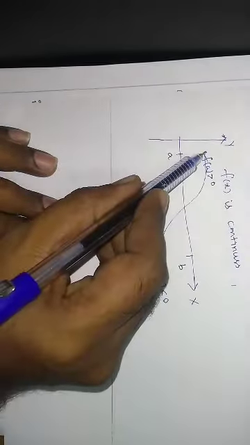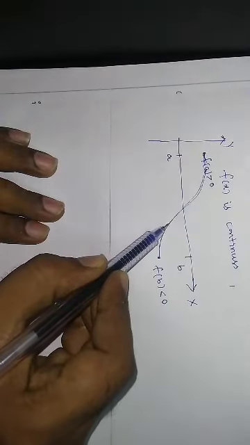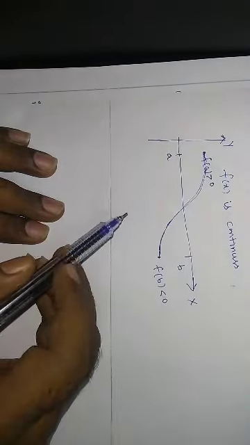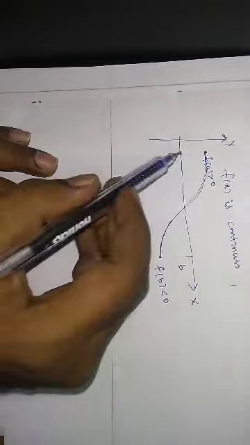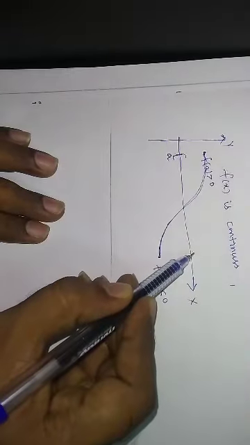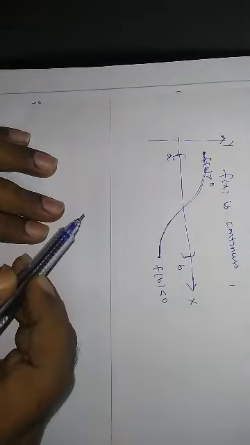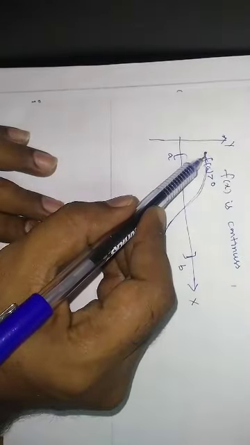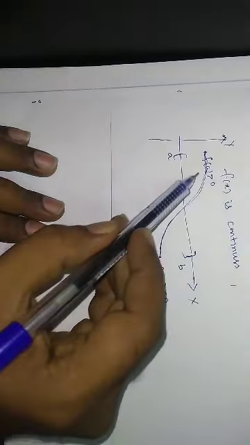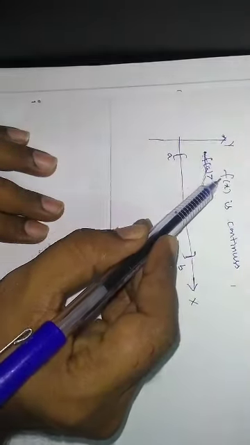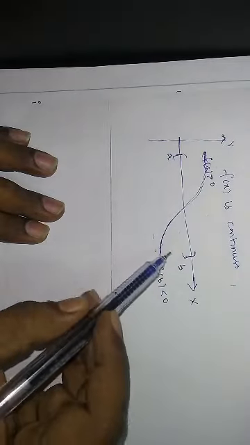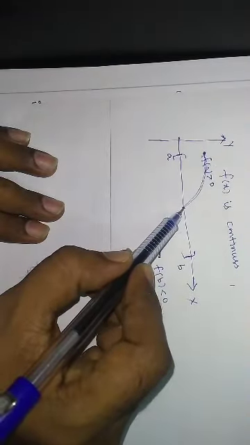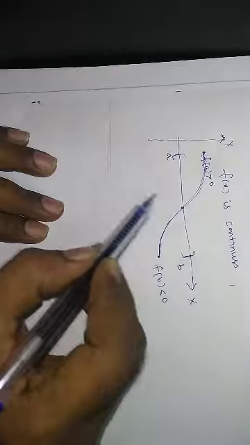Since it is a continuous function, it is a continuous curve without any break from the point A to point B, or it will be like this, or it will be like this. Anyway, it will definitely cross the x-axis.